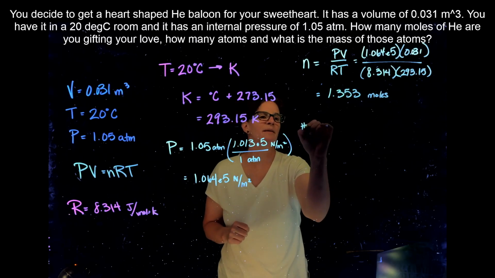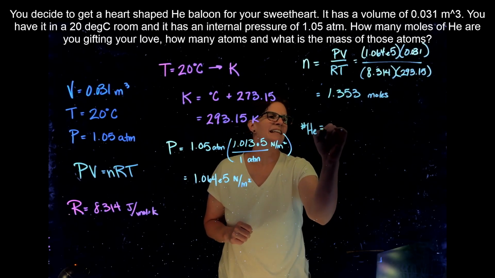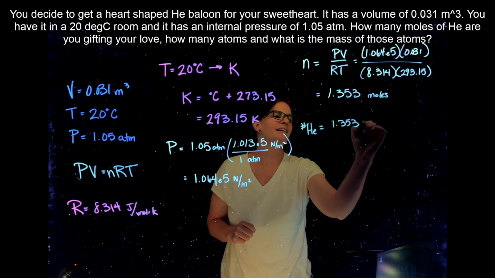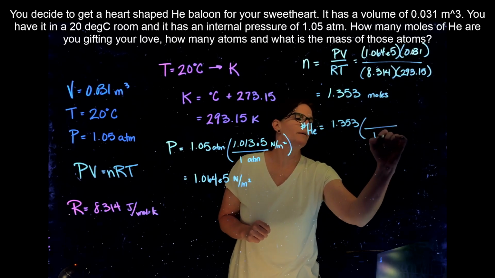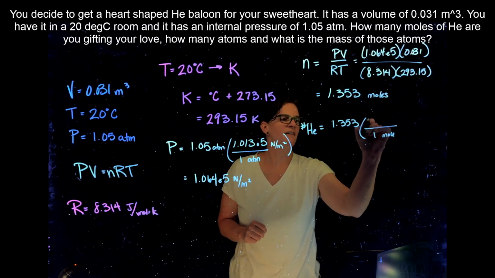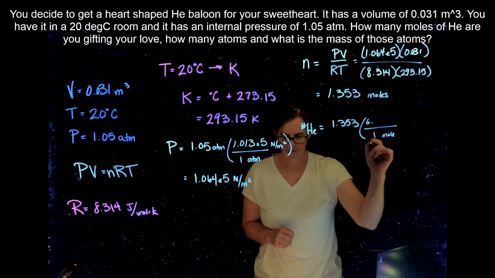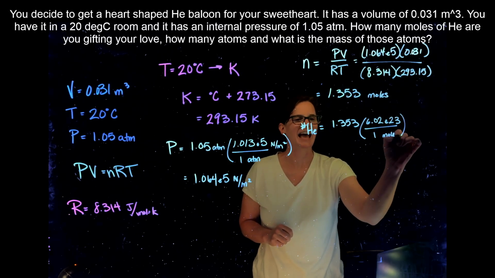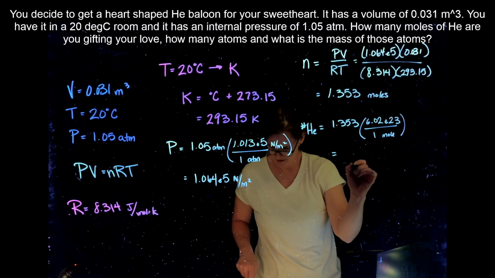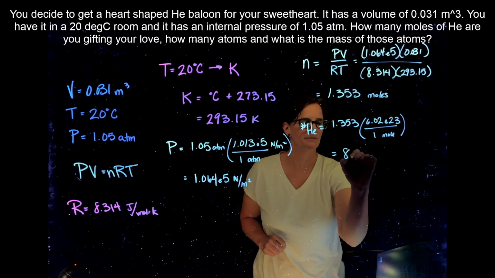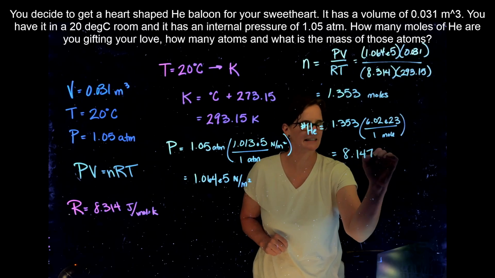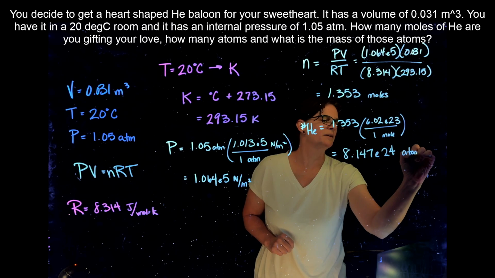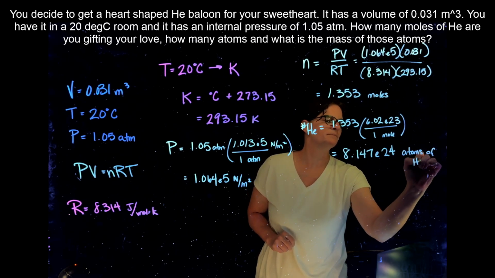The number of helium atoms is going to equal my moles, 1.353, and we know that in 1 mole, I have 6.02 times 10 to the 23 atoms. And so the number of atoms are 8.147 times 10 to the 24 atoms of helium.